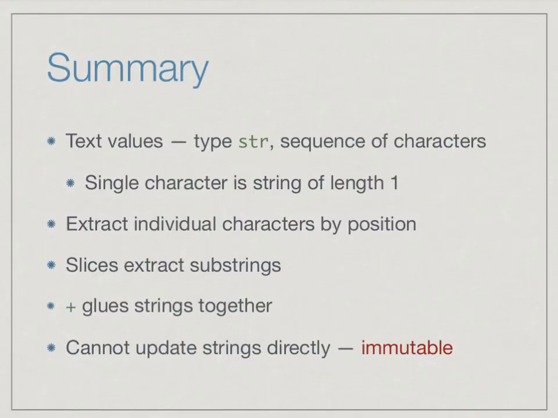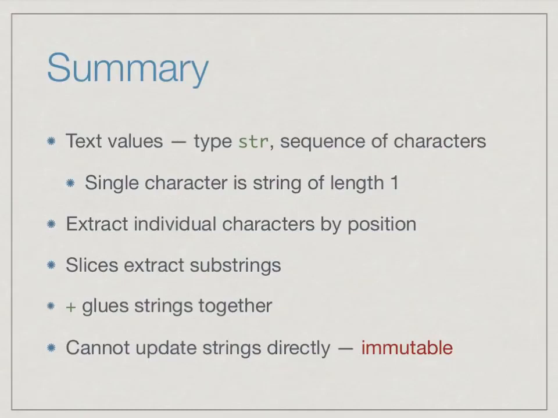So to summarize, what we have seen is that text values are important for computation, and Python has the type string or str, which is a sequence of characters to denote text values. There is no separate type for a single character. A single character is just a string of length 1. We can extract individual characters by index positions.